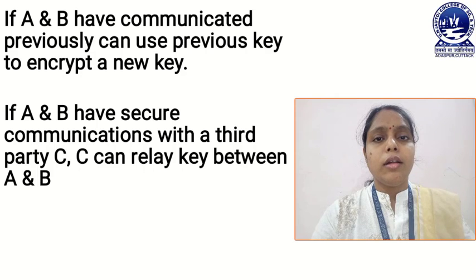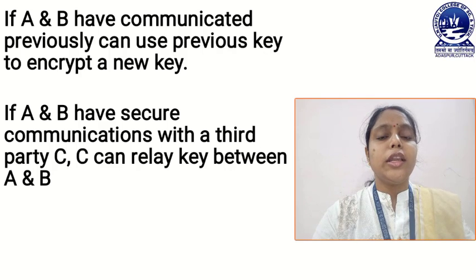A generates a new secret key, encrypts that new secret key by using the old secret key, and sends it to the receiver B. Receiver B receives the encrypted message from sender A and decrypts it by using the old secret key, which is already shared between A and B. After decrypting, receiver B gets the new secret key.